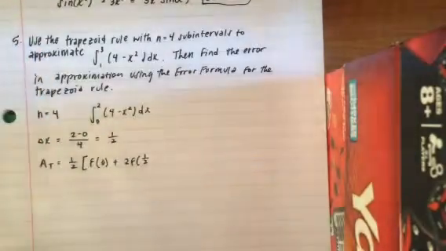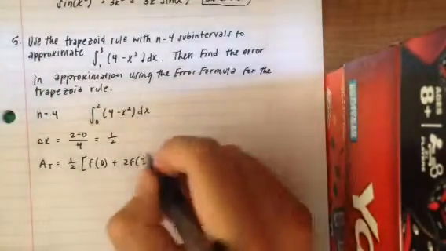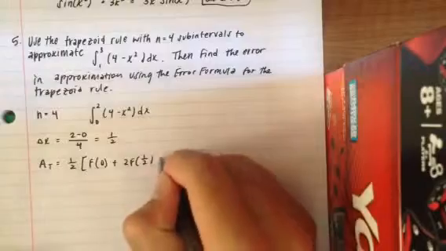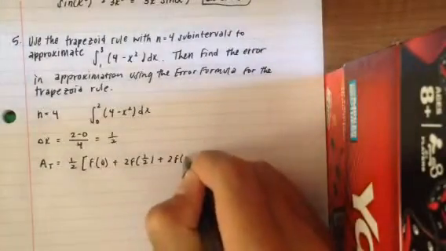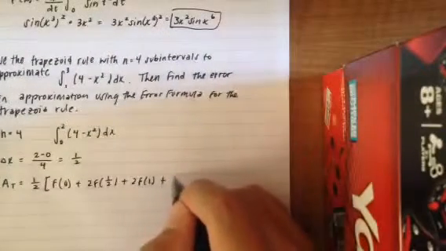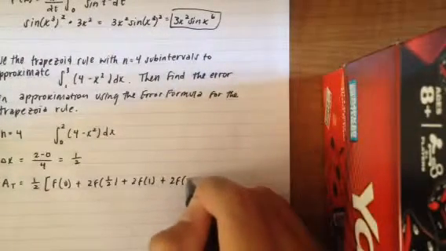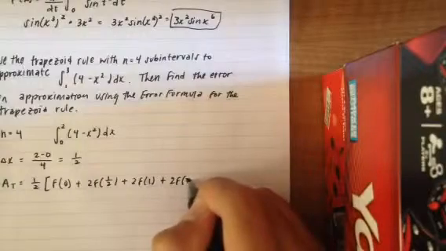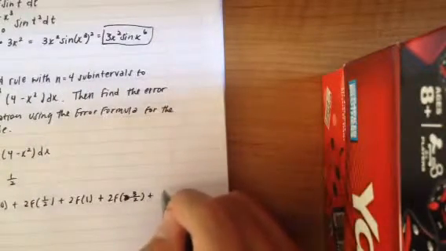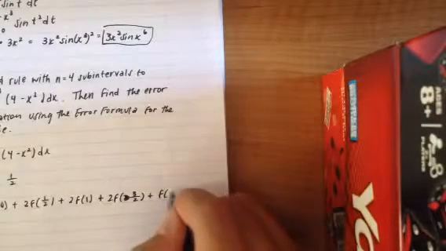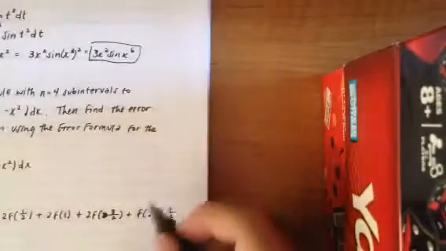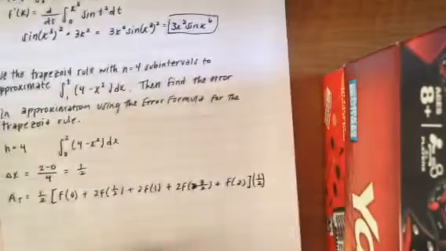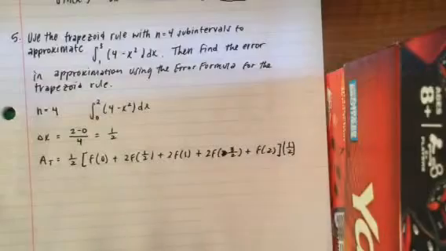So there'd be 4 subintervals. Now, plus 2 times f of 1/2, and then plus 2 times f of 1, plus 2 times f of 3/2, not a 2. And then to end it all off, just a regular f of 2 bracket, and then multiplied times delta x, which is another half. Okay, so I have all that.